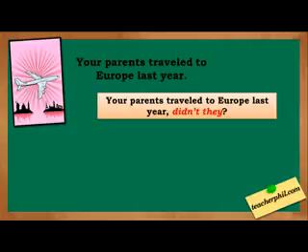We don't have an auxiliary verb here. We only have the main verb traveled. Therefore, we need to use the verb did, since the action traveled is in past tense. Our statement is in the positive form. Therefore, a negative tag is needed. Didn't they?